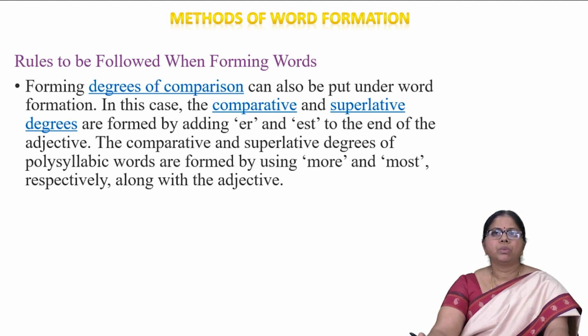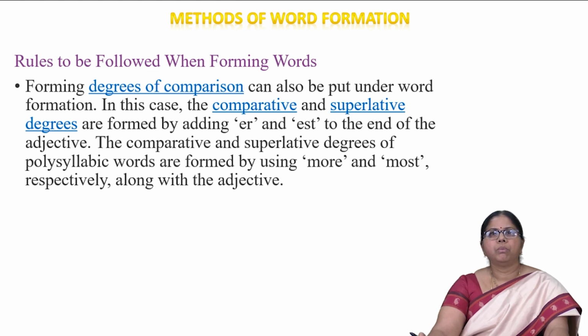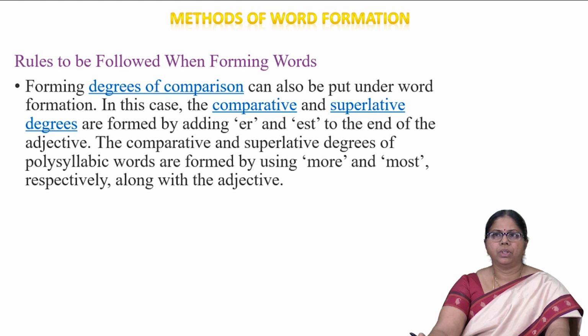The comparative and superlative degrees of polysyllabic words are formed by using more and most respectively along with the adjective. So this may also be considered one of the processes of word formation, forming superlative and comparative degree words by adding er and est.